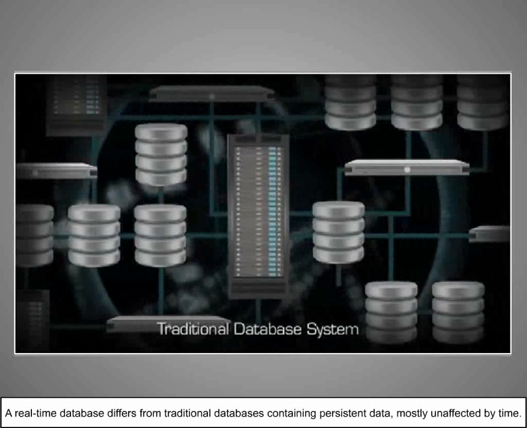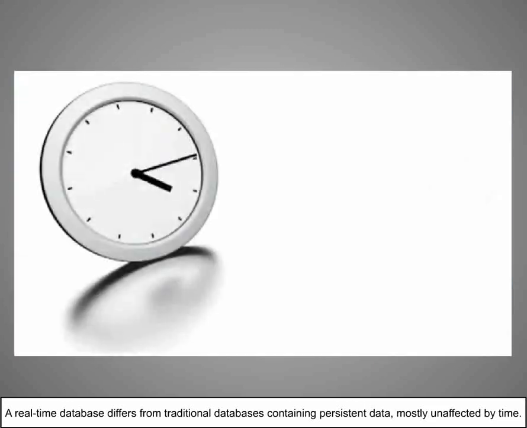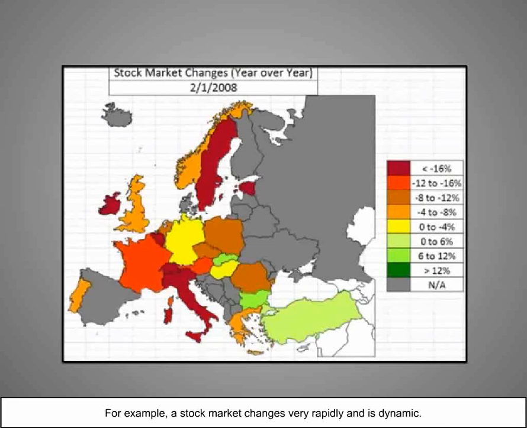A real-time database differs from traditional databases containing persistent data, mostly unaffected by time. For example, a stock market changes very rapidly and is dynamic.